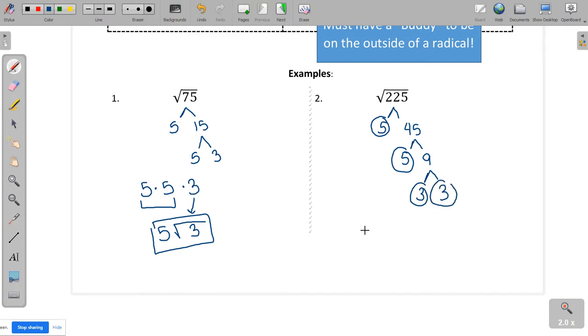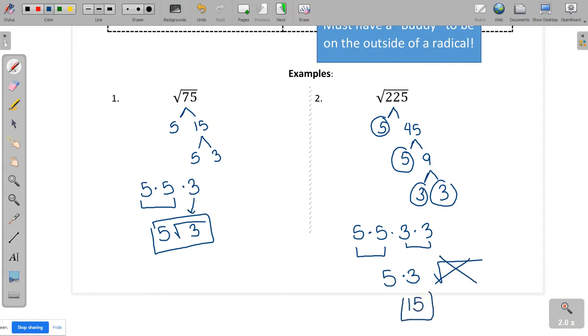Now let's rewrite this: 5 times 5 times 3 times 3. We have a pair. Pair goes on the outside. We have another pair. That goes on the outside. There's nothing left over, so we do not have a radical. So 5 times 3 is 15. So the square root of 225 is 15.